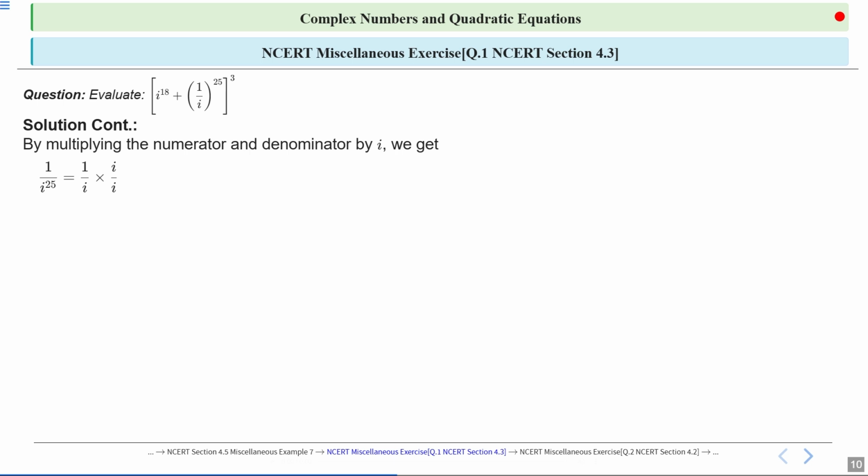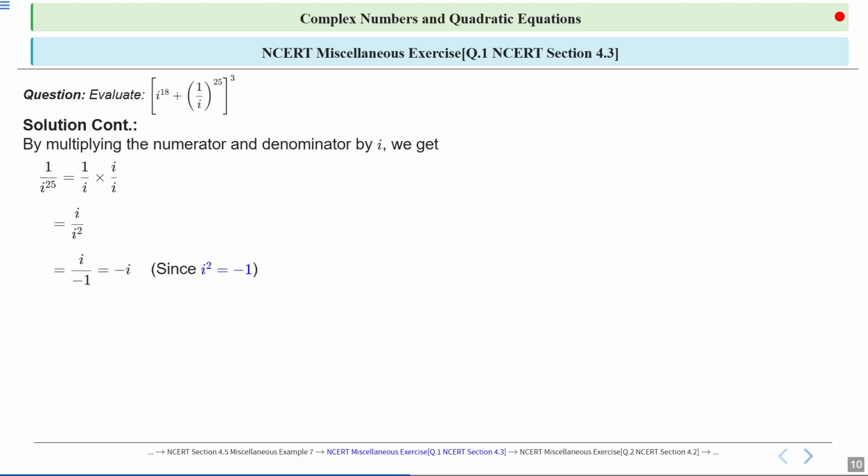This step is important because it helps us write the expression in a standard form without iota in the denominator. So now let's carry out the multiplication. 1 divided by iota times iota divided by iota becomes iota divided by iota square. Here iota square is basically the square root of minus 1 whole square, that is minus 1.